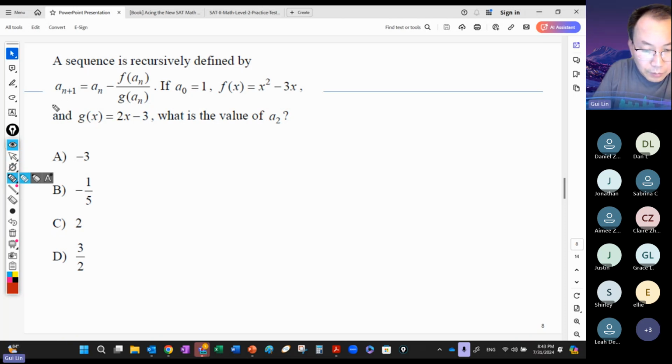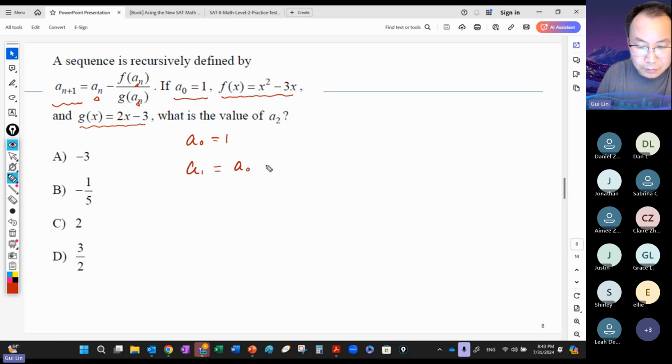Okay, so this one, A n is right here, like three of them, right? So they give the initial value, and F(x) was defined, G(x) also defined. So A0 equals 1, so we can get A1. A1 equals what? A0 minus F(A0) over G(A0).